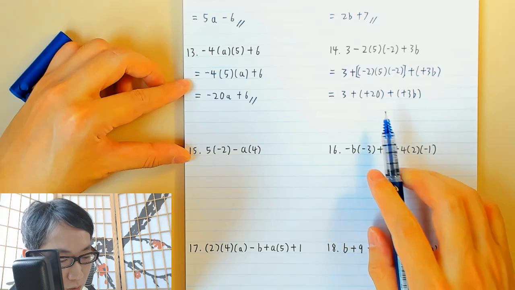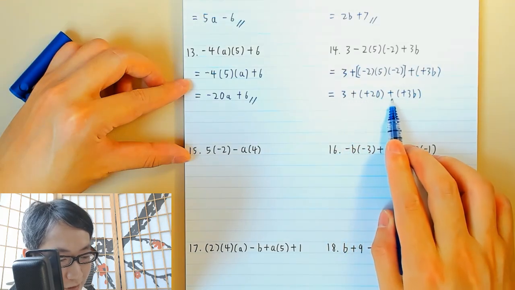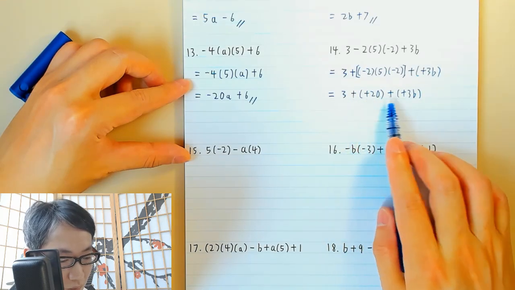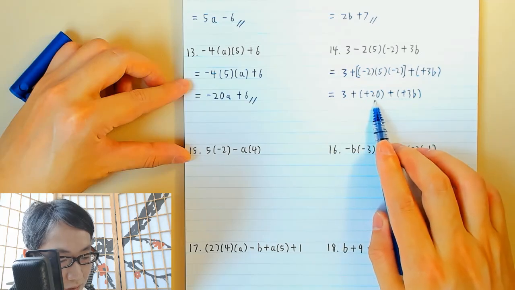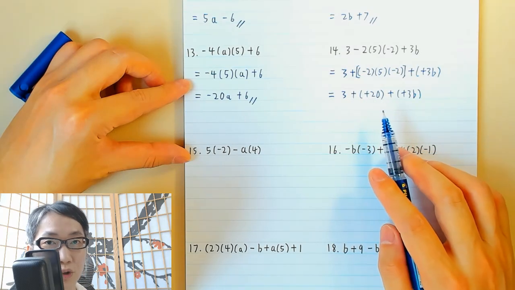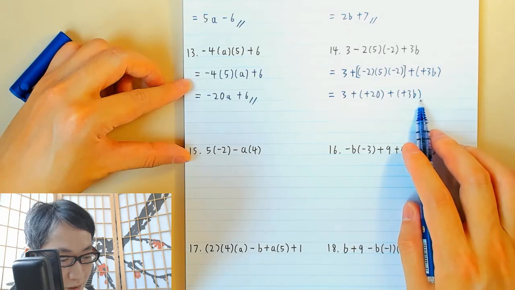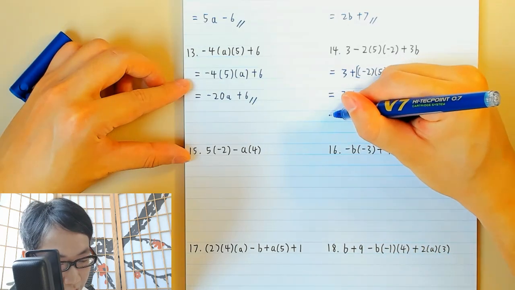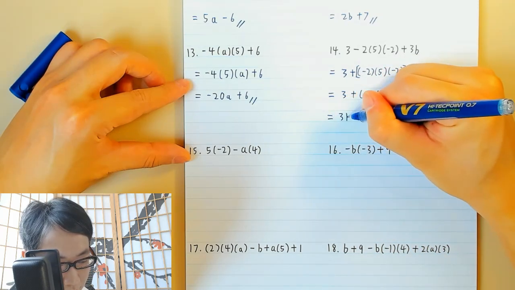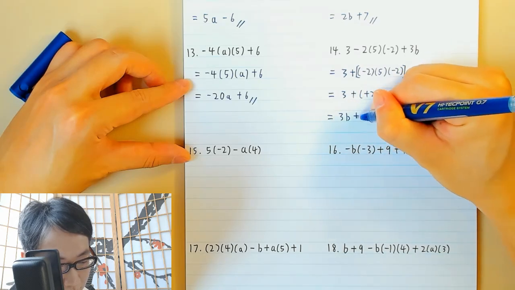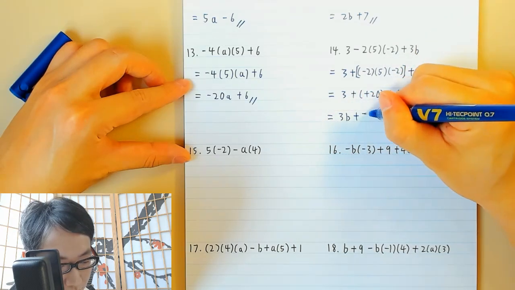Okay. So the plus actually does nothing, then it can be removed. So positive 3, positive 20, we have positive 23, and plus 3b. Rearranging 3b, positive 23.